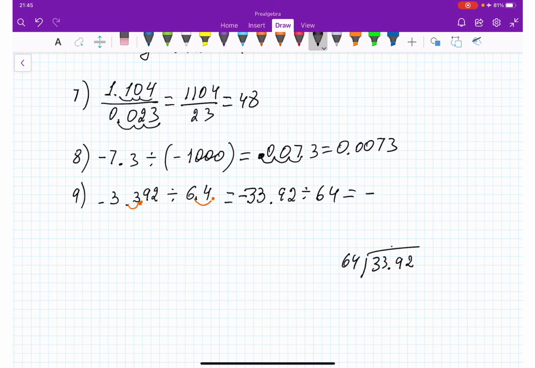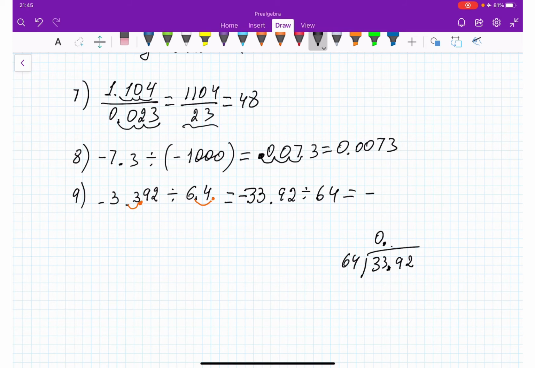Okay, well, 33 we can't divide. I put here 0 because the whole number is ending. Here is decimal notation, that's why. But in previous cases, I didn't put 0 because the 1,104 was a whole number. So if you are hitting decimal notation and you couldn't divide, then you put 0.